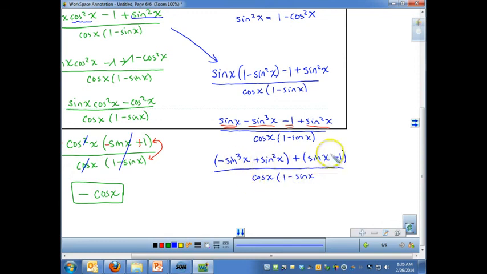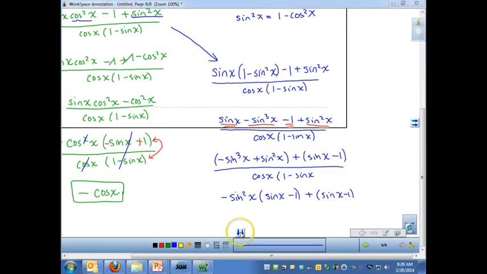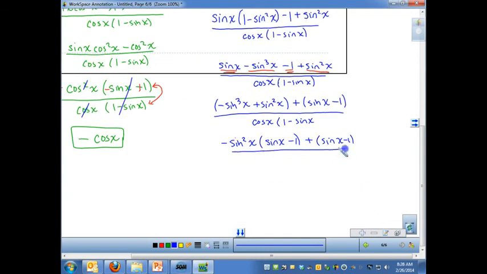So here, I can't factor anything out, but over here, I could factor out a negative sine squared. And I would be left with sine of x minus 1 plus sine of x minus 1. So cosine of x times 1 minus sine of x was my parenthesis.